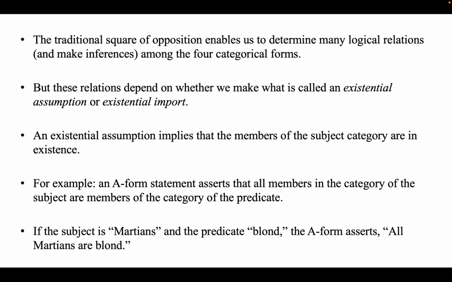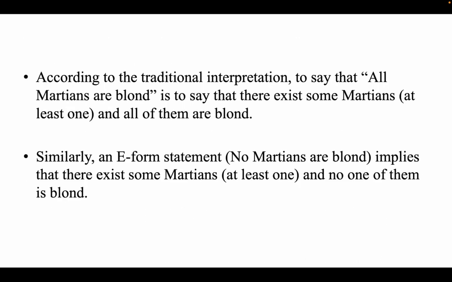And as I also stated, the E-form makes the same assumption. It says there exist Martians and not even one of them is blonde. So according to the traditional interpretation, to say that all Martians are blonde means that Martians exist.